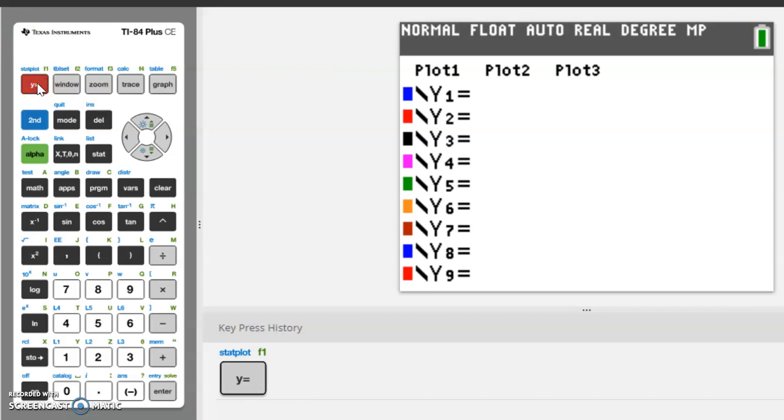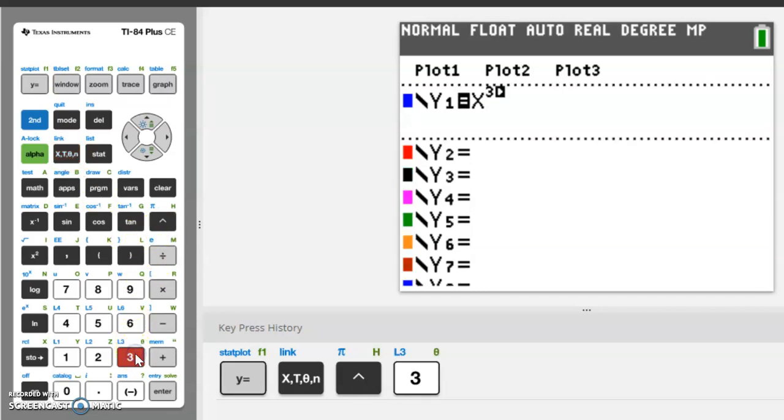We want to type in the function x cubed. For the x value, you're going to be using the X,T,theta,n button. We can use our caret and type in x cubed. You might have to right arrow, pay attention to your cursor so that it comes back down.